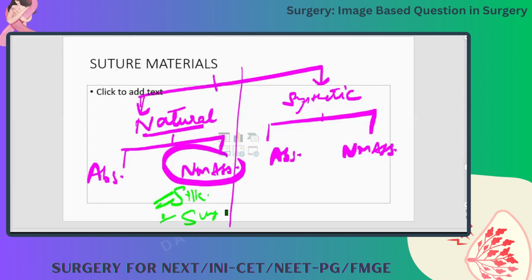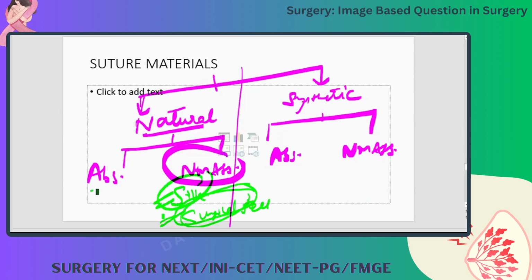Where do we use surgical steel? Stapling. Okay. And one more also: to close the sternotomy wound. In cardiothoracic bypass surgery, they open the sternum, right? Then we use surgical steel to close the sternum, to close the bone. Okay, silk and surgical steel.